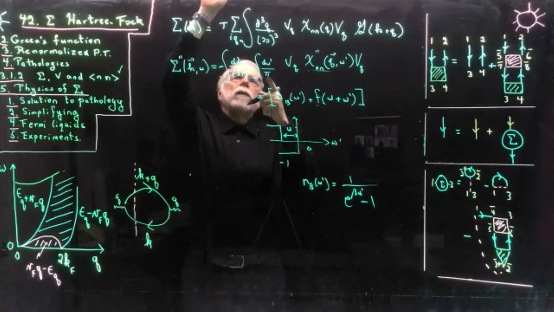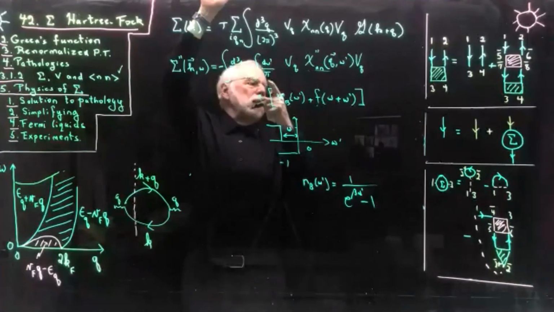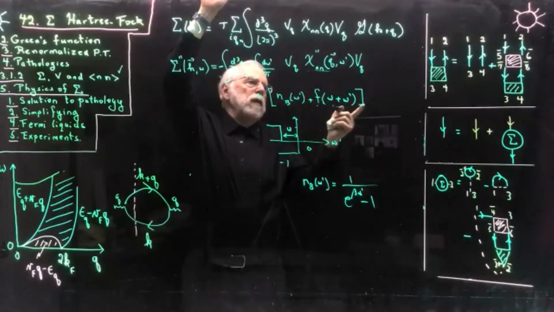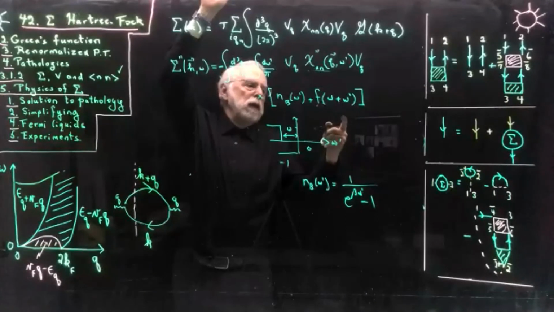But I needed to get rid of it to get rid of the delta function. Yes, so you should replace omega prime by zeta k plus q minus omega, if you want to do that. No, here I have zeta k plus q, right? Yes.